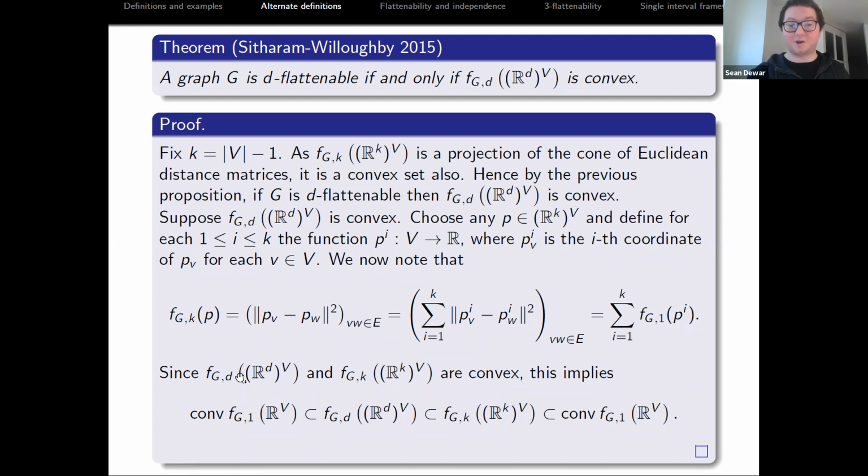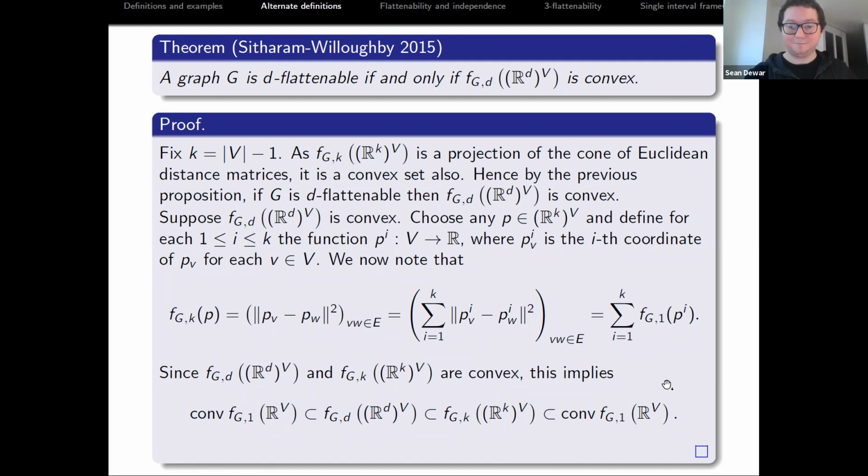Okay, since this set is convex by our assumption, and this set is convex, now what we're going to have is, if you ignore the convex here, this set lies inside here, and this lies inside here. And we've just shown that the convex part here lies inside here, because every realization can be rewritten as a convex combination.